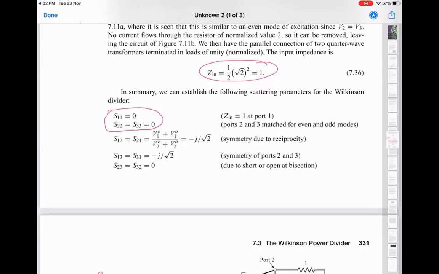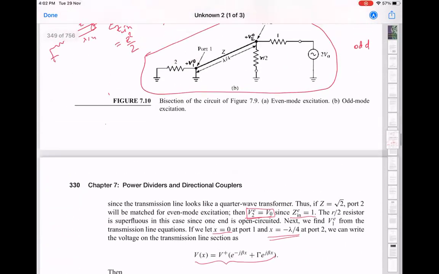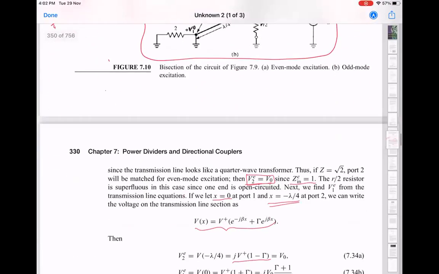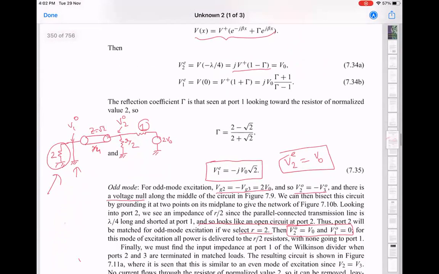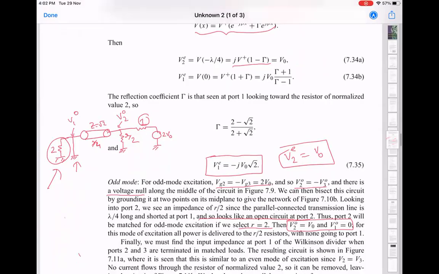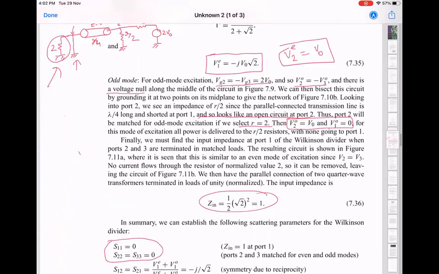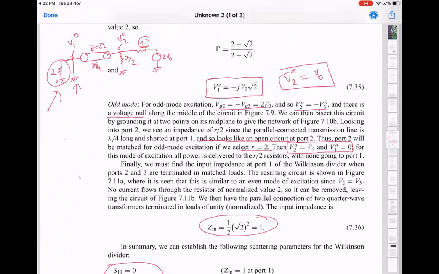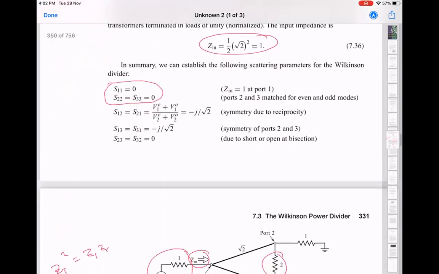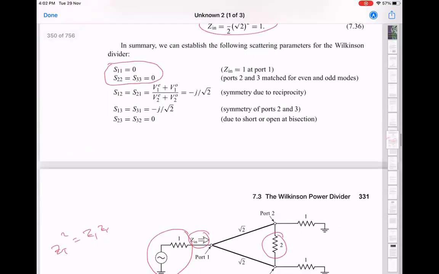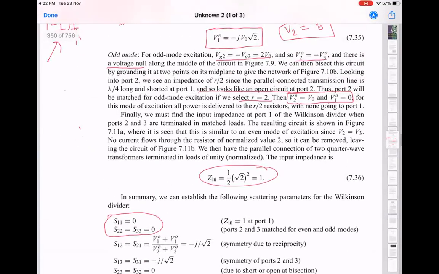Then, with the help of these 2 equations, where we derived this one, V1E equals to JV V0 into √2, and the fact that in the odd mode, V1 was 0. V1 odd. So see, in even mode V2 was V0. Odd mode V2 was also V0.